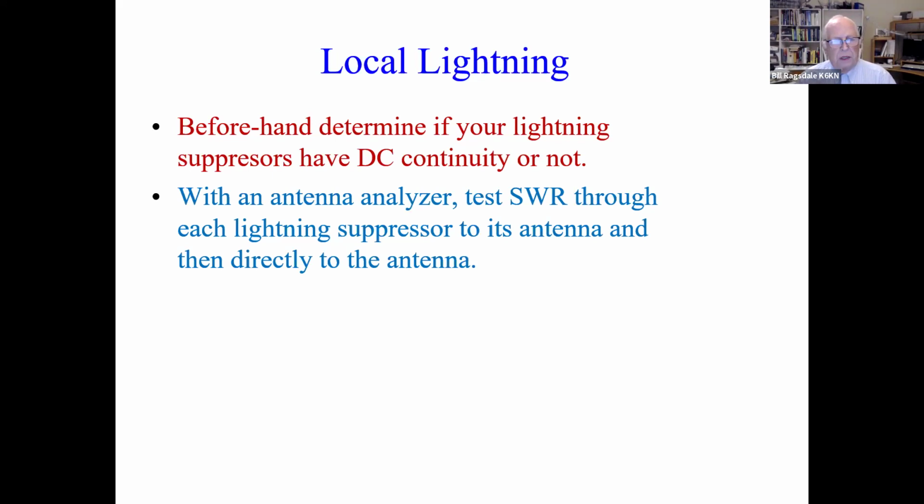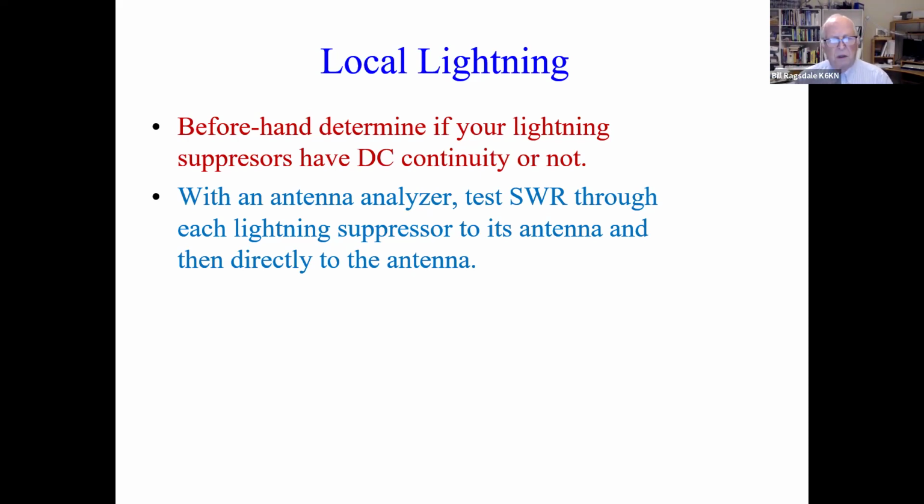And then to check, we'll check with an antenna analyzer. Just put a dummy load on the far side of the lightning suppressor and measure your SWR through it, and it should be 0, because remember, you are going straight through the device and there are no frequency sensitive elements.